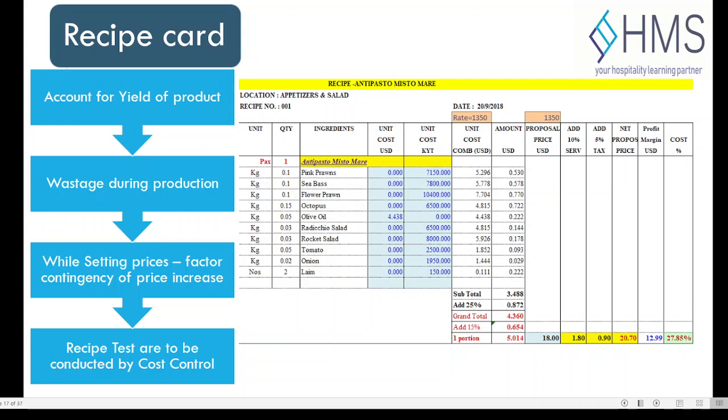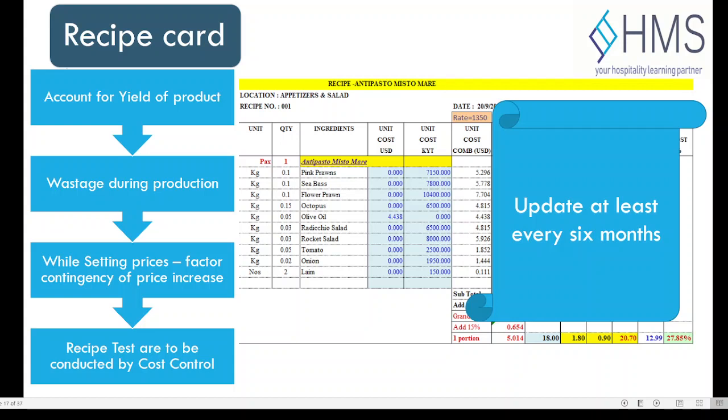So there is no extra prawns, no extra octopus or extra things in the recipe, because sometimes the chef wants to make the guests happy, so they can increase the ingredients without informing the cost control, which means that as a practice the cost is higher, but the menu price is not changing. So that's usually a loss to the hotel. So that has to be checked all the time. And recipes have to be updated at least once every 6 months. That's standard in the hospitality industry, minimum.